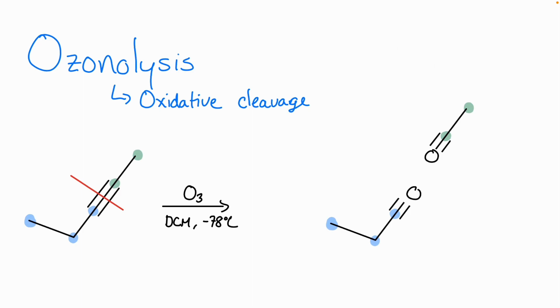That doesn't really make sense with alkynes, though, because we have a triple bond, and we can't have a triple bonded oxygen. So what instead we see is something very similar. Again, it's going to chop that bond in half, but instead of adding just one oxygen, it's going to add 2 oxygens and create what we call a carboxylic acid.